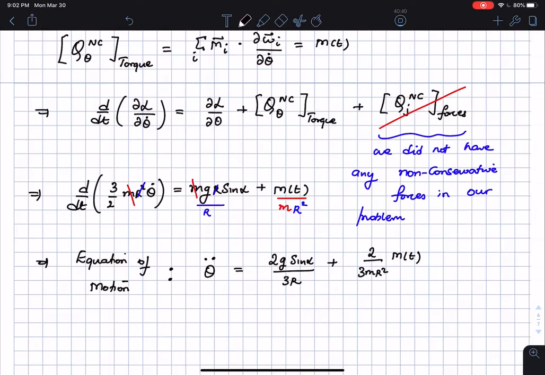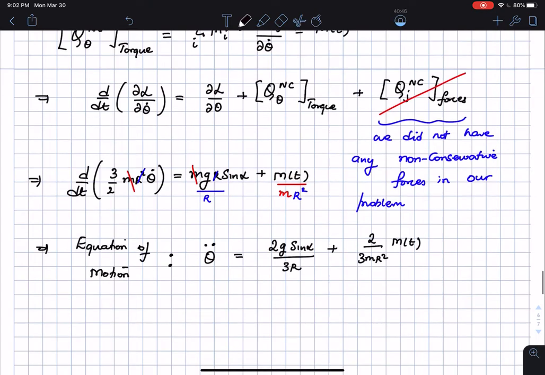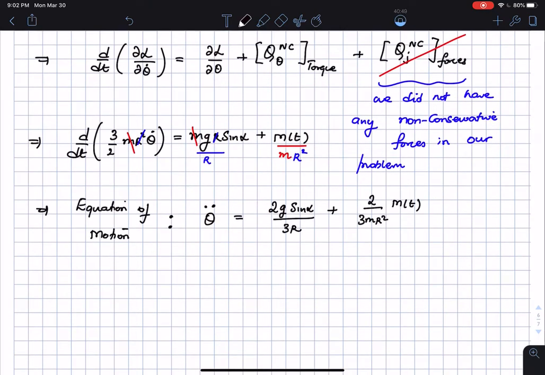Okay, and 2 by 3 m r square is a constant, and in this case sine alpha is also a constant, which essentially tells us that in our problem m of t need not be a constant, of course.